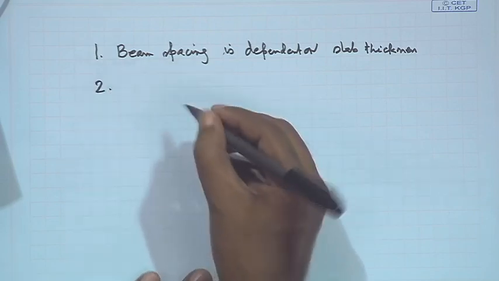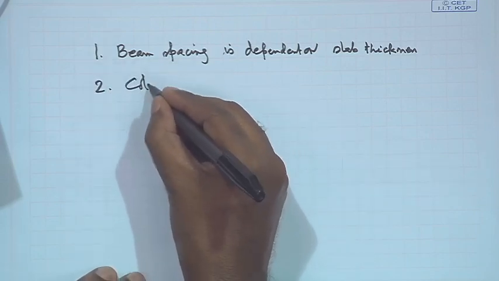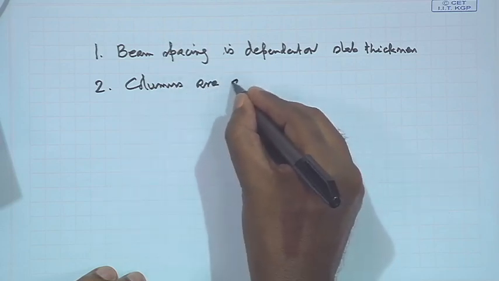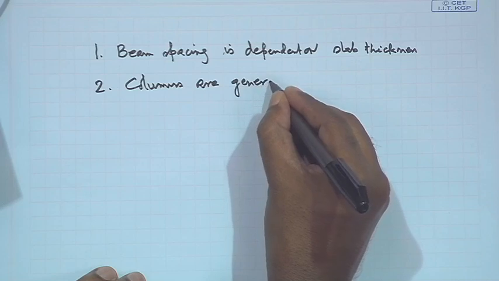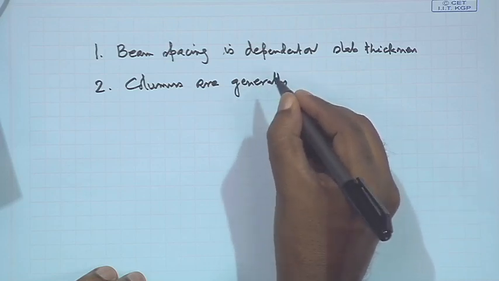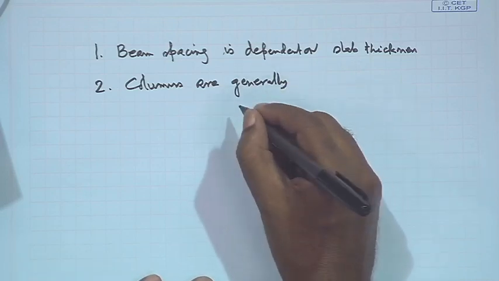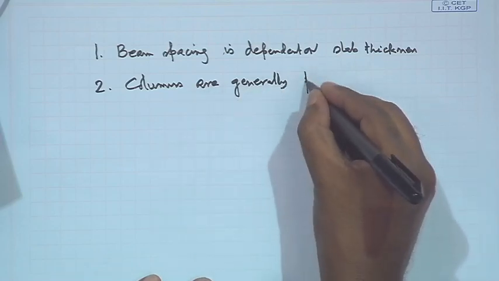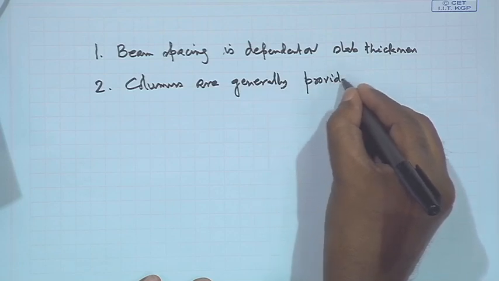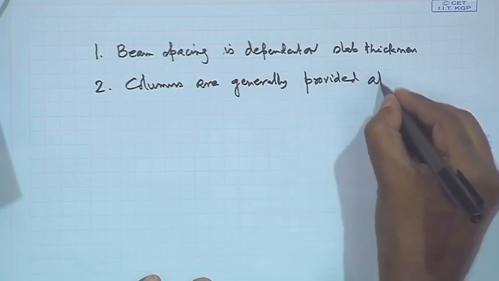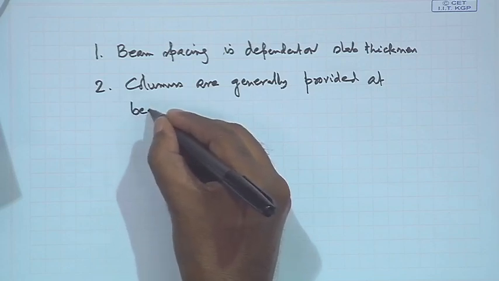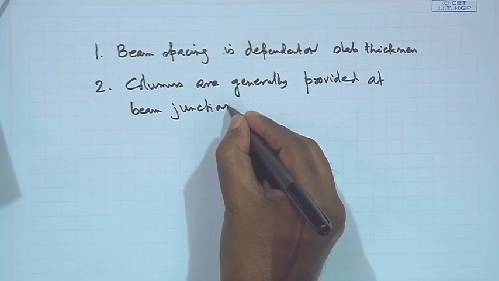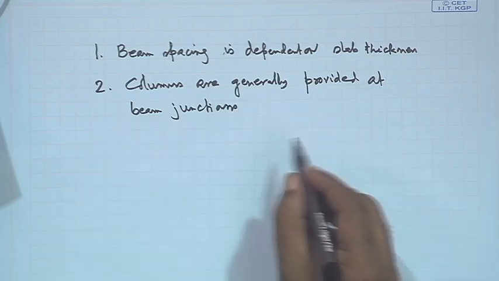Number 2, columns are generally provided at beam junctions. I am telling generally because not always do we provide that.